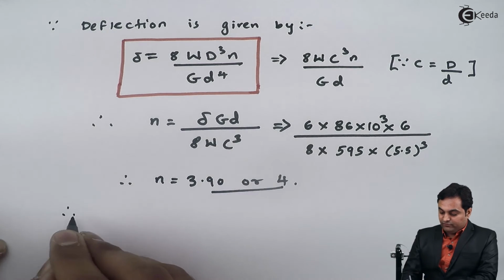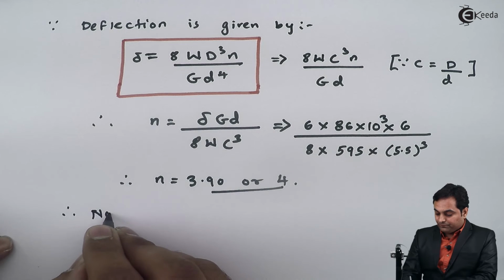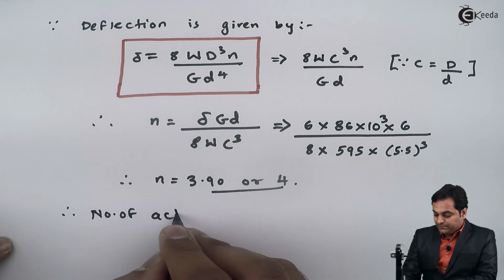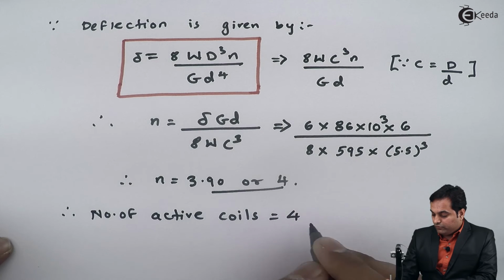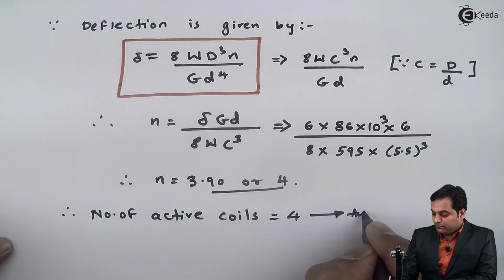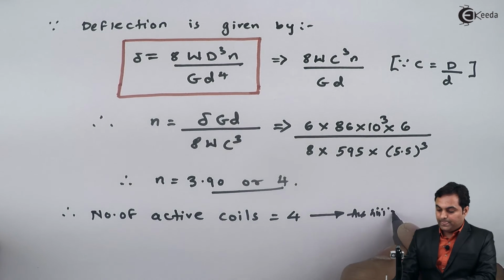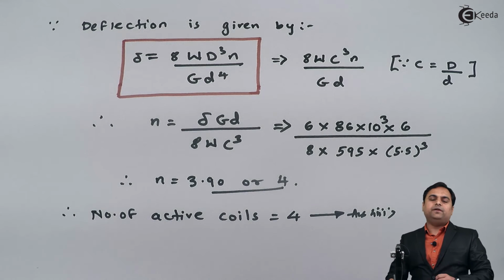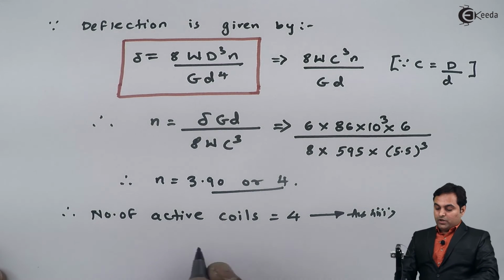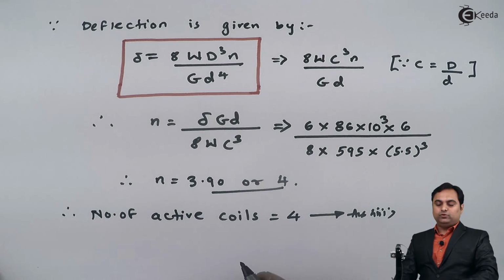So I'll say that therefore number of active coils, that is equal to 4. This is our third answer. Active coil means these are the coils which take part in the actual compression. So apart from this, we need to even have total number of coils.